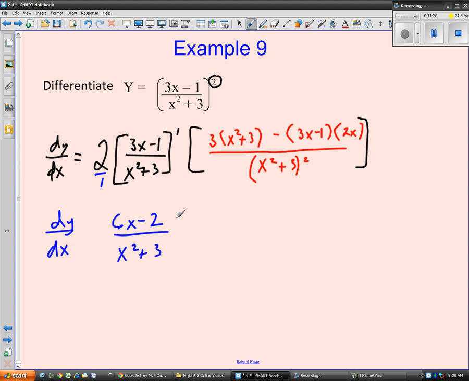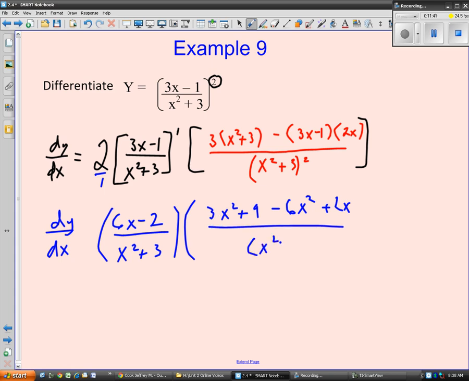And so I'm going to distribute my 3, which gives me 3x squared plus 9, and then when I multiply these guys together, I get a negative 6x squared and a positive 2x. And then the bottom is still what it was. It's the (x squared plus 3) squared.